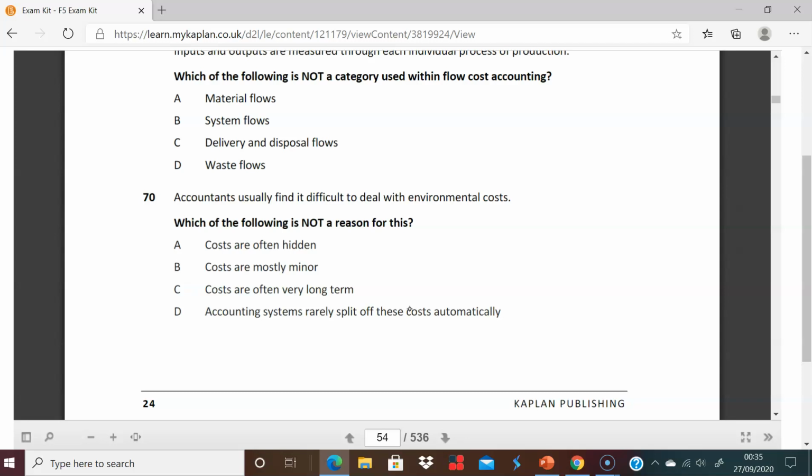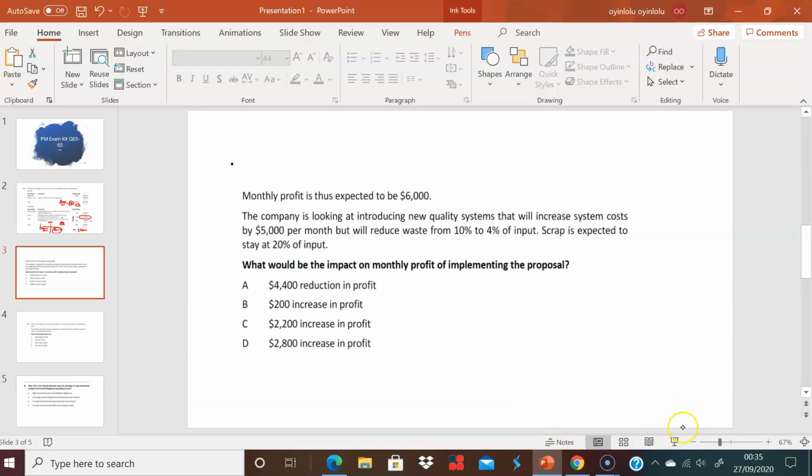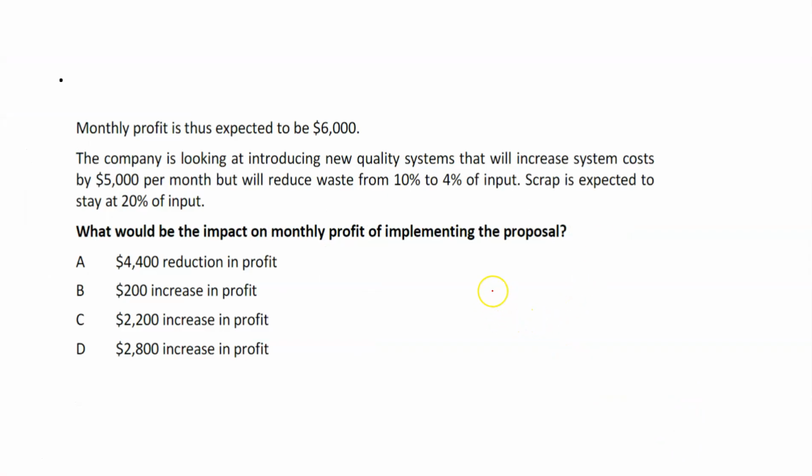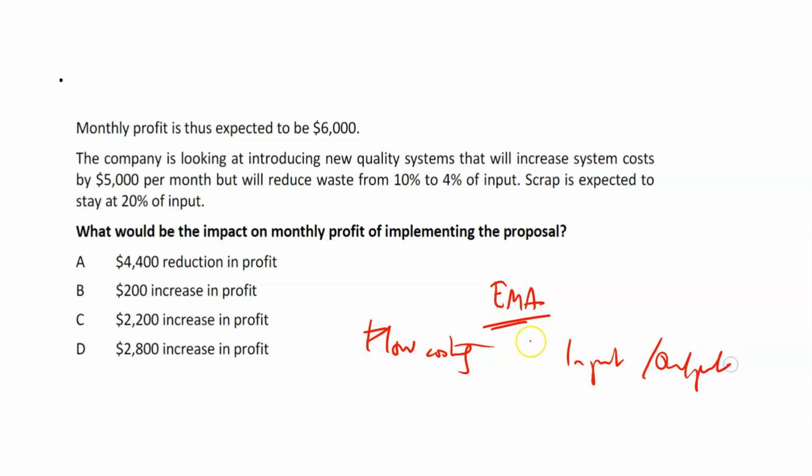The key points in terms of theory are that we have two main EMA methods that we're going to be seeing a lot of, and that's flow costing and input-output. That's the main thing I need you to work with. Flow costing is where you break it up into materials, systems, and delivery and disposal. As opposed to input-output, where you literally ask what goes in and what goes out.